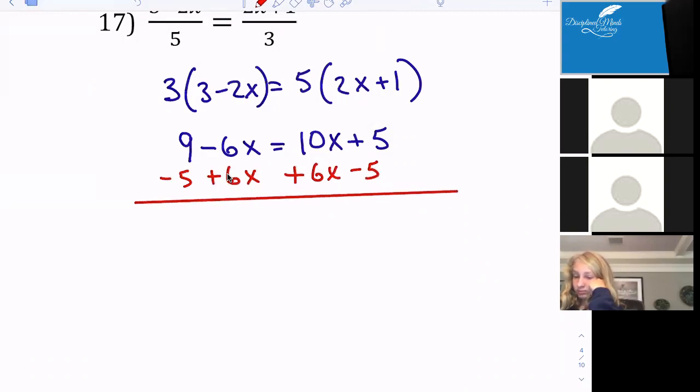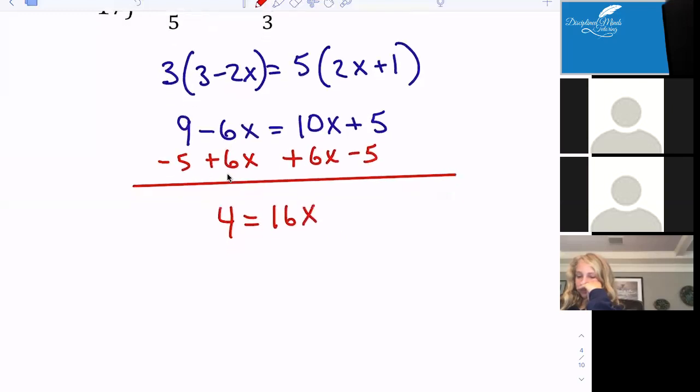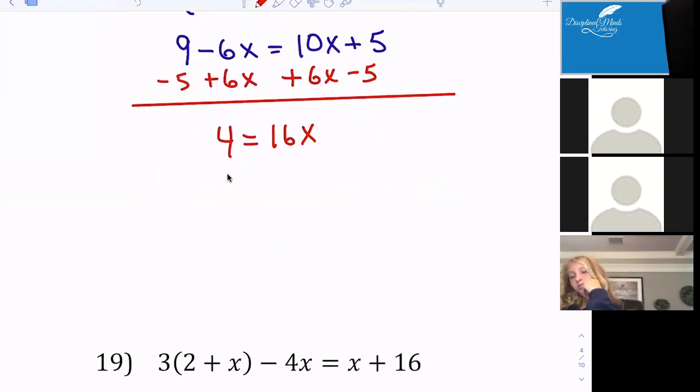Then that gives you 4 equals 26x. 16. Now what? Divide by 16. Yep, there you have it. All right, not bad.